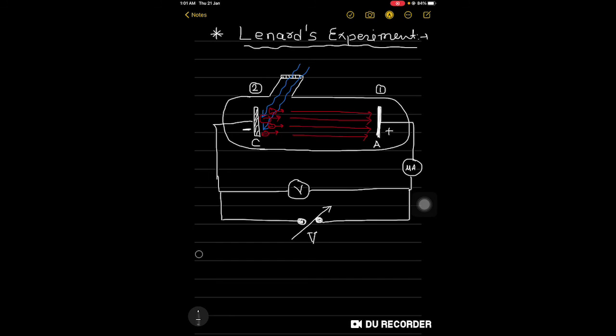electrons were emitted at all when the frequency of the incident light was smaller than a certain minimum value.